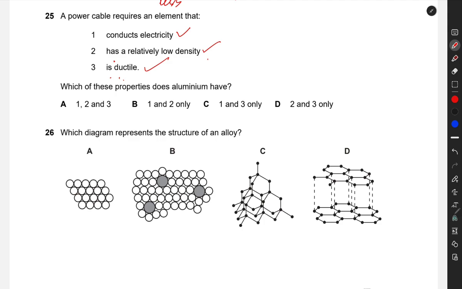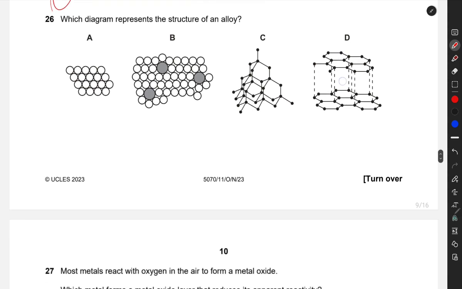Metals have the typical property that they are malleable and ductile. So the cable requires an element which can be drawn into wire, has a relatively low density and conducts electricity. 1, 2, 3 are correct. So A option is the correct option.